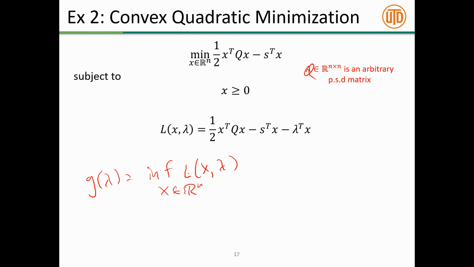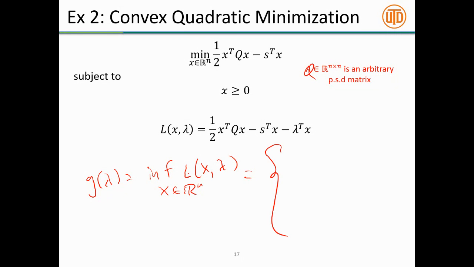So there are two possibilities. If there is an x such that q times x is equal to s plus lambda, then I get the solution just by plugging in the pseudo inverse.